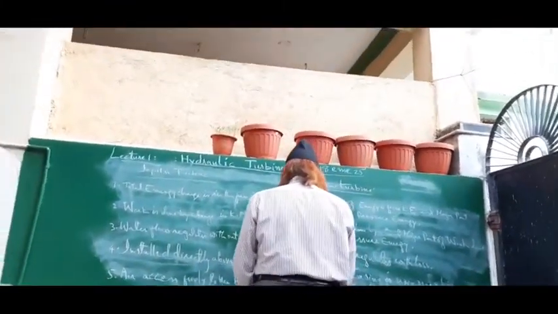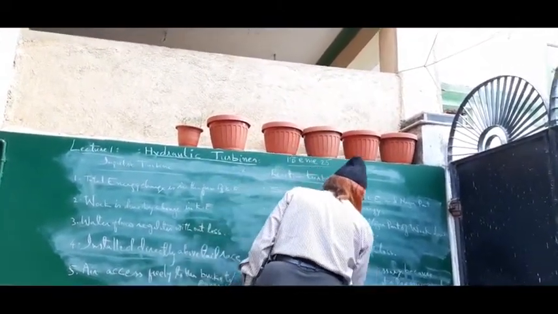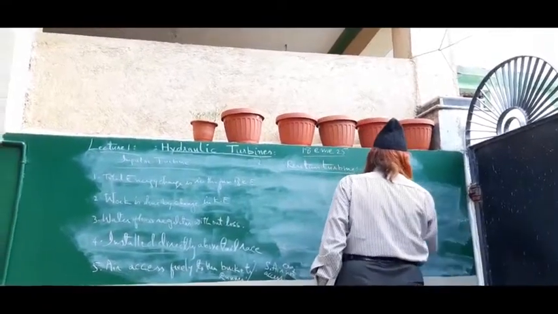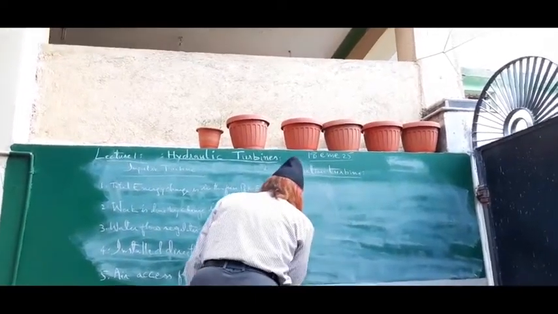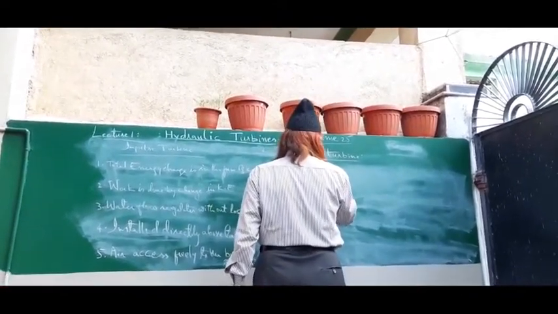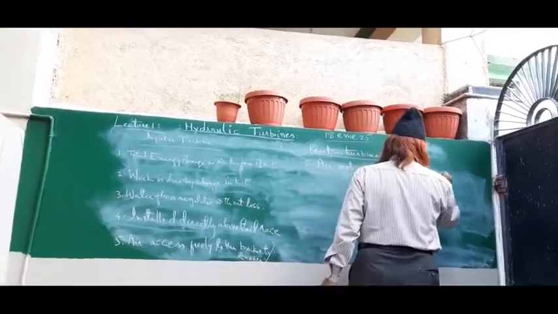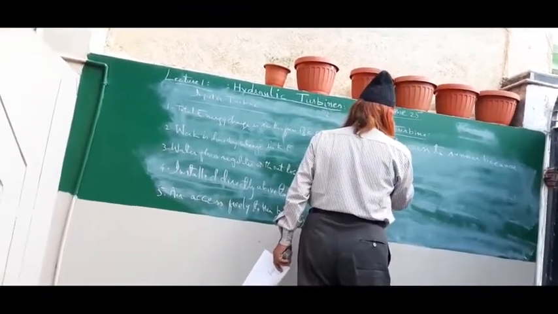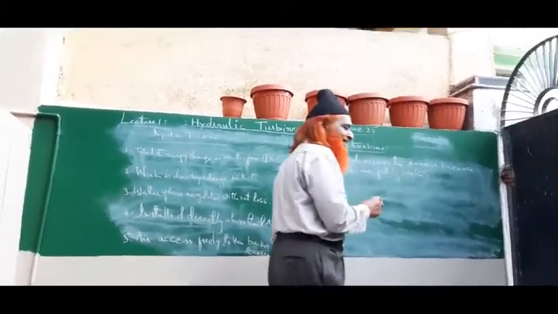Air cannot access the runner because the vanes are full of water, and you can say the sealed casing and all other things. Okay.